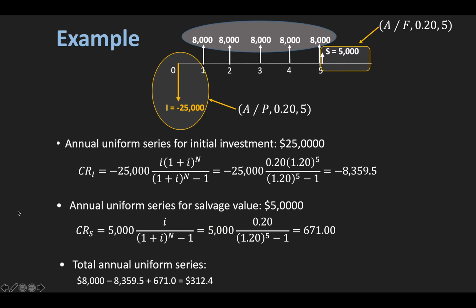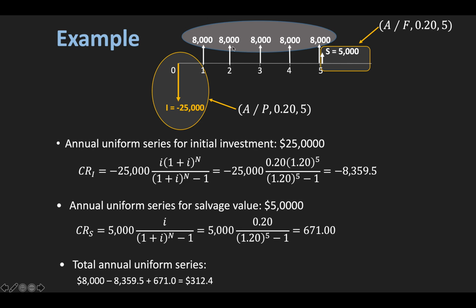The funny thing is that we already have an annuity here. Remember what we want to find is the annual revenue, the annual expense, then how the investment is averaged out annually, and the salvage value averaged out annually.